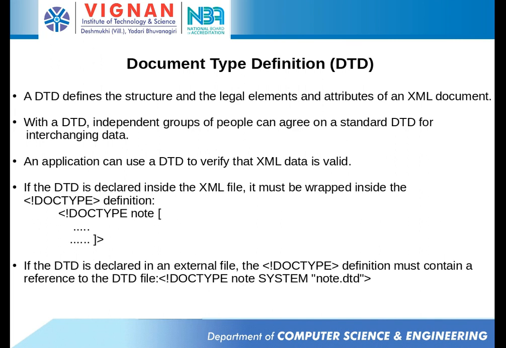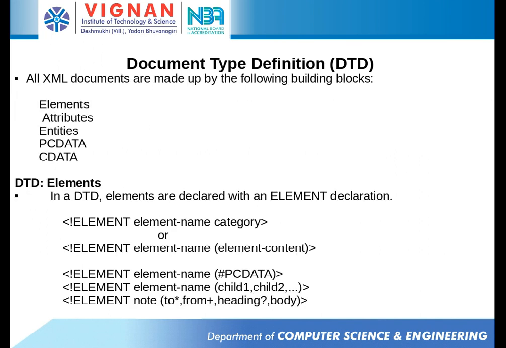Generally, external DTDs are stored with the extension .dtd. In this case, note.dtd is the structural rules file for our XML document. That's how internal and external DTDs are specified.